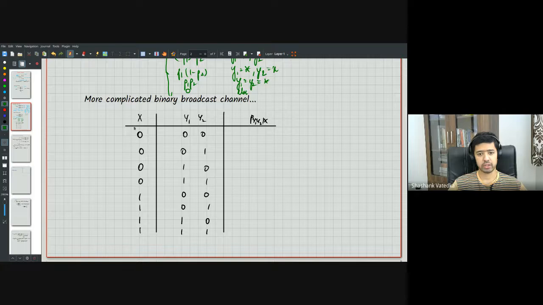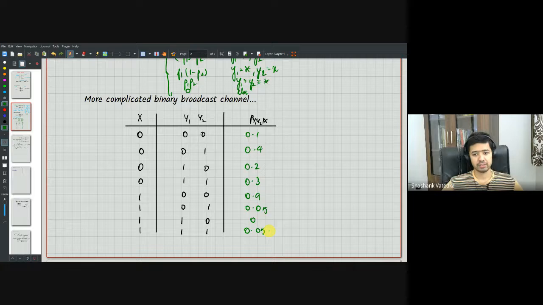So for example, if you had a binary input and binary output broadcast channel, you could have something like 0.1, 0.4, 0.2, 0.3, 0.9, 0.1, 0.05, 0.05, something like this.